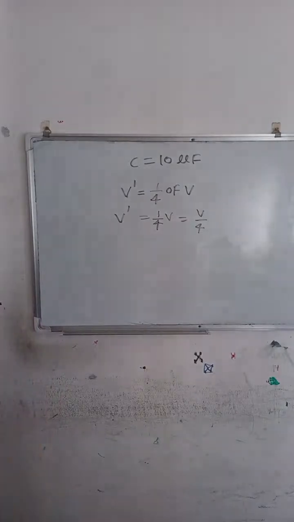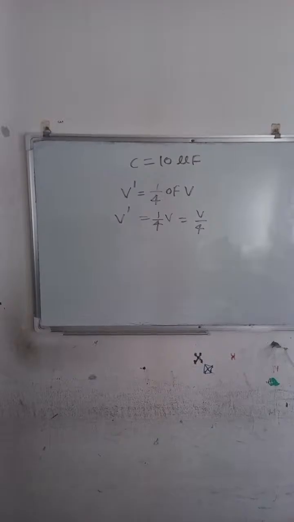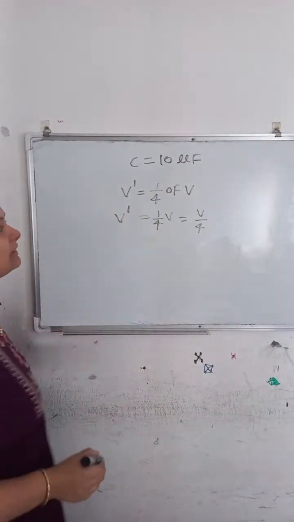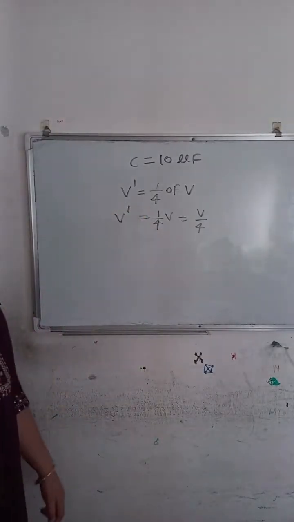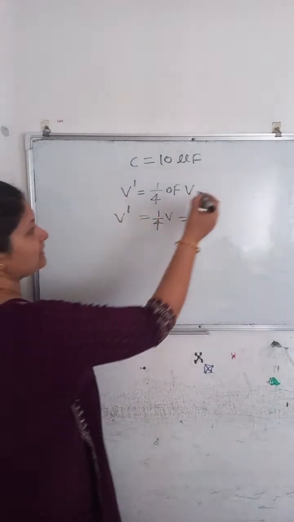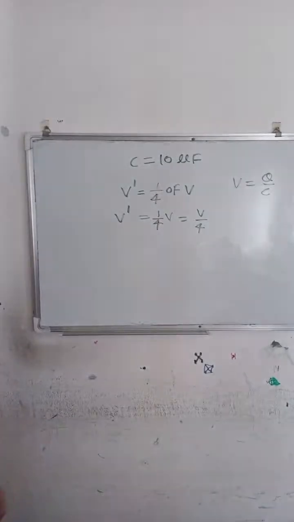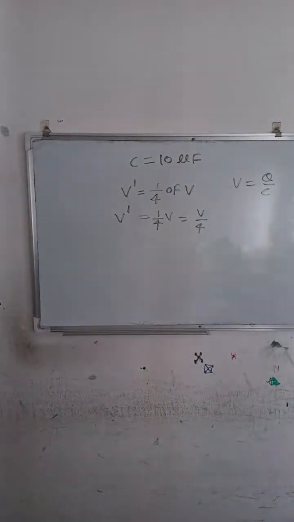And what they are asking here is, what is the value of the dielectric constant of the plate introduced? It's a very important question. Here the original potential V is nothing but Q by C, correct?